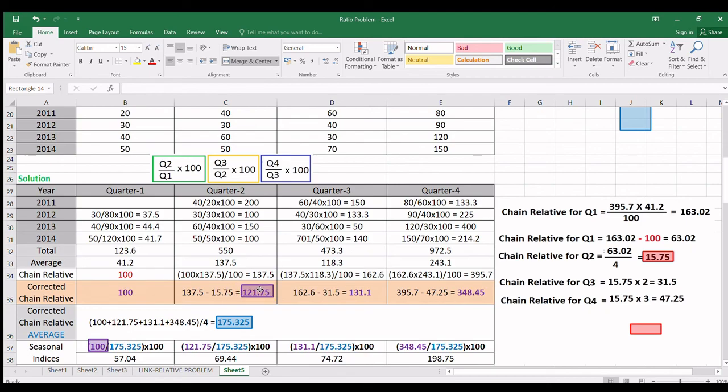Next value is 121.75, divide this 121.75 by 175.325, and I got this value.